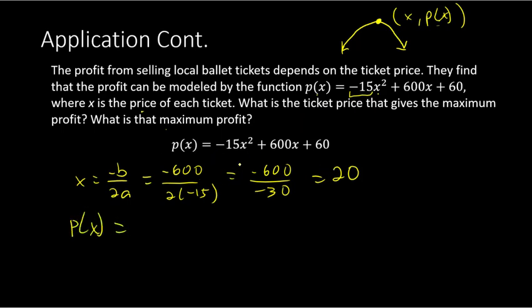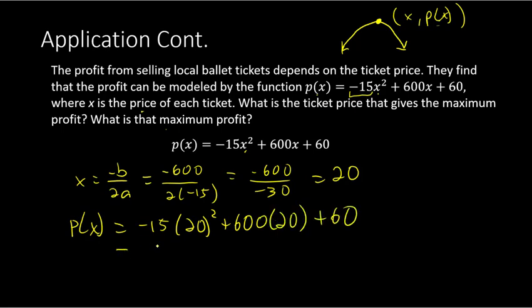Now to find p of x, we plug in that positive 20 in place of x. So now we have negative 15 times 20 squared plus 600 times 20, and then plus 60. So that's going to give you negative 15 times 400 plus 12,000.